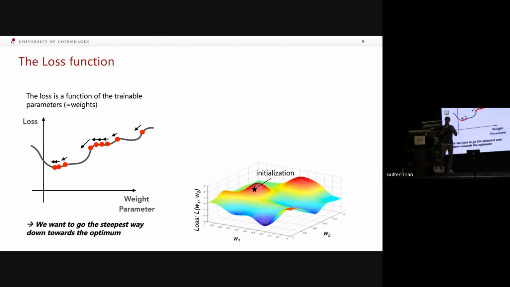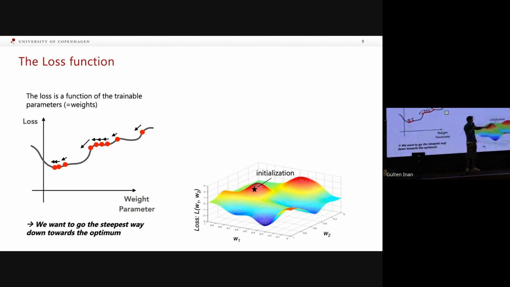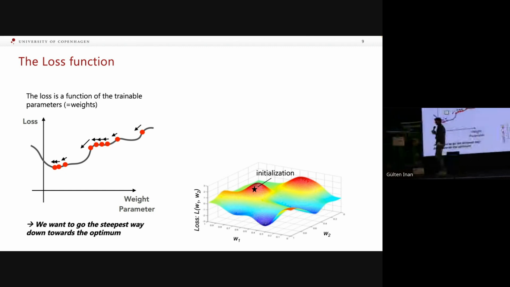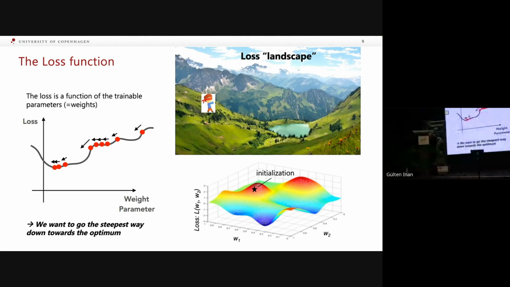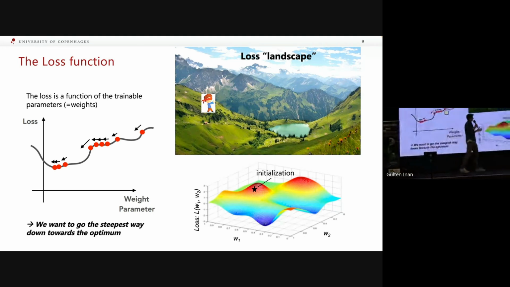And typically we randomly initialize these parameters because we don't know what they are. And this could put you maybe on the spot here. And then you will try to find basically, oh, how can I go from this place to a local minimum, or ideally the global minimum, to then get a good solution. And here, this is just an illustration of the problem. If you think of the loss as a landscape, our optimizer does not have the full picture of the landscape.